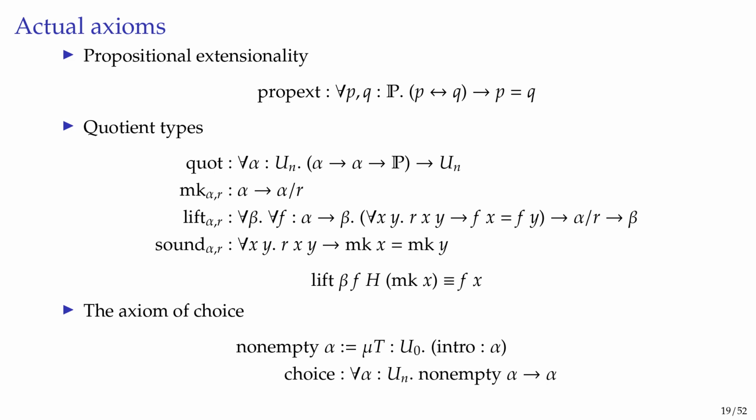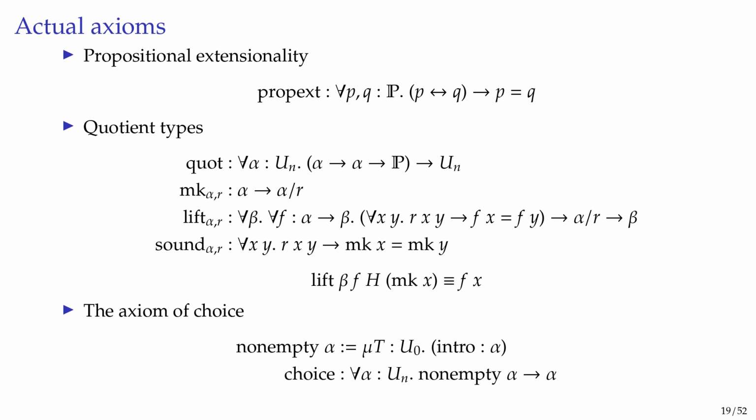Quotient types are given this axiomatization here. Basically, you give an equivalence relation, and you get a make function that constructs elements of this quotient, lift, which takes things out as long as they preserve the equivalence relation, and then sound tells you that if the relation holds, then mapping them into the quotient makes them equal.